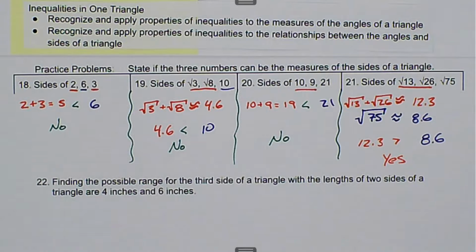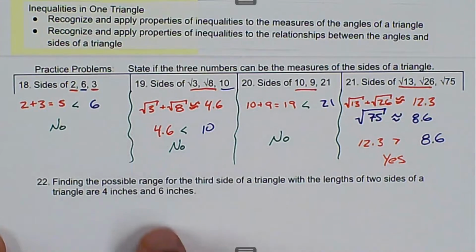It says, find the possible range for the third side of a triangle if the lengths of two sides of the triangle are 4 inches and 6 inches. So we've got to find out what the range is.